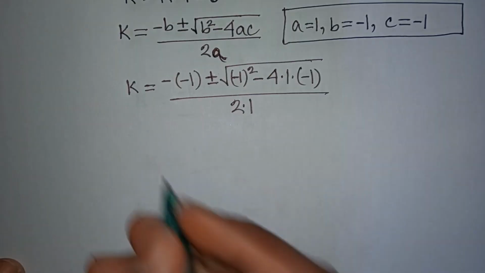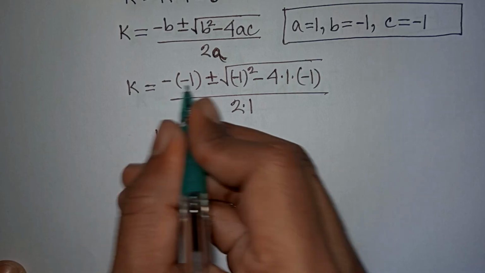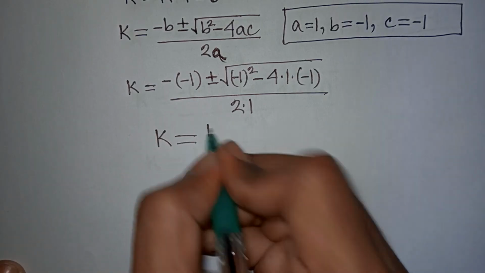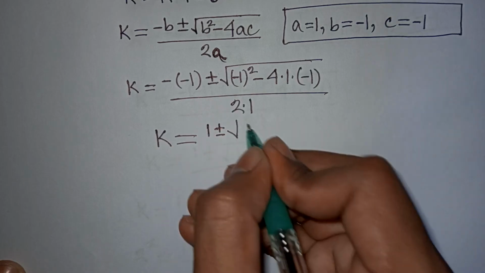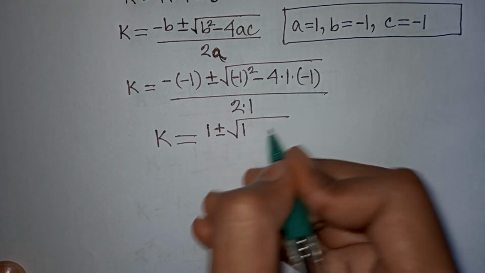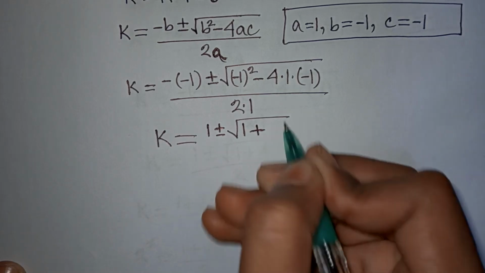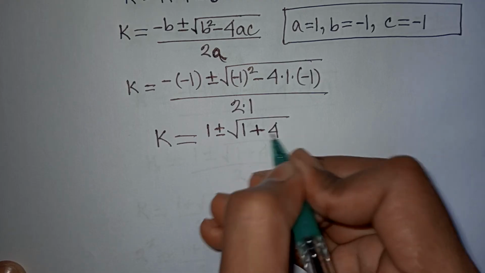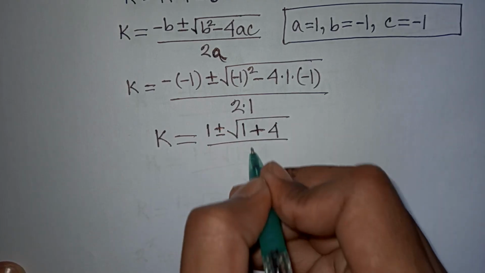Now, k is equal to minus times negative 1, that means positive 1, plus or minus square root of positive 1, minus times minus, that means plus 4 times 1 times 1, that means 4, then divided by 2 times 1, that means 2.